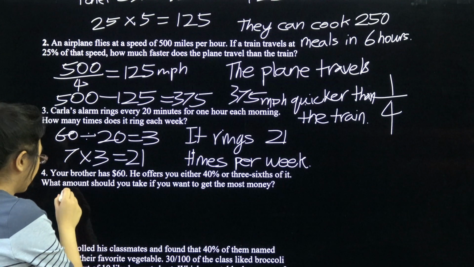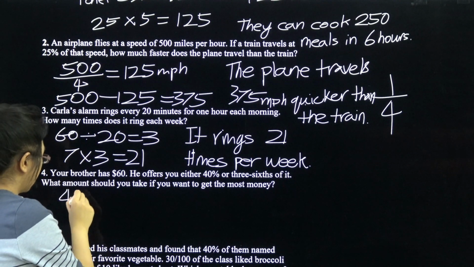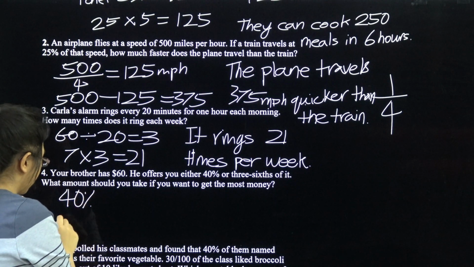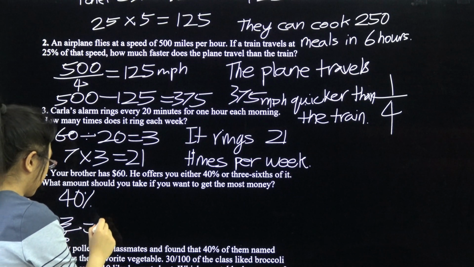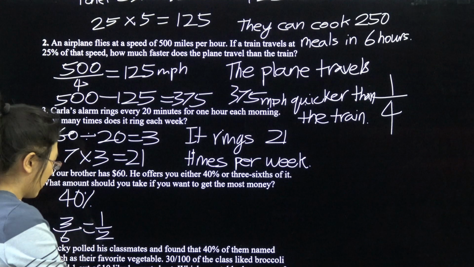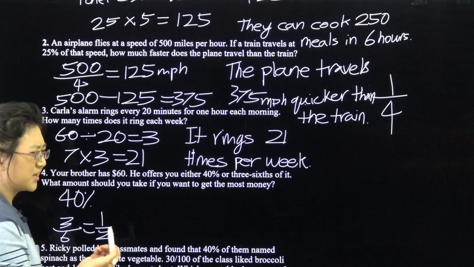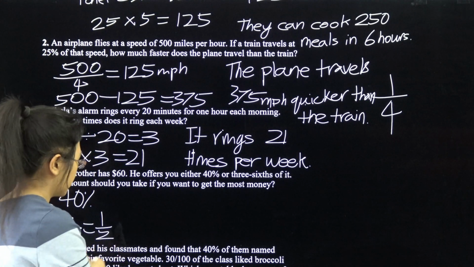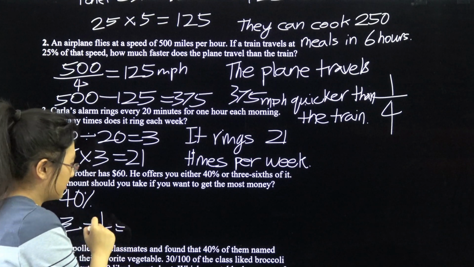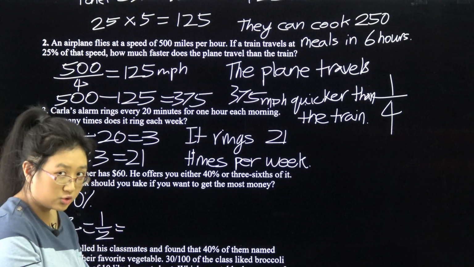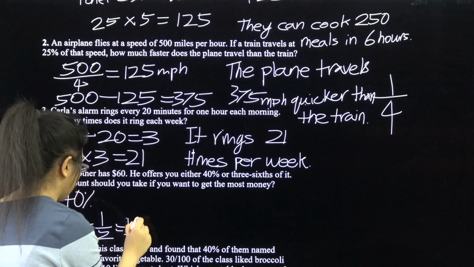So, the question here is, which one's bigger? 40% or 3/6? So 3/6 simplified is 1/2, or you just say a half. So that is also 50/100, which is 50%.